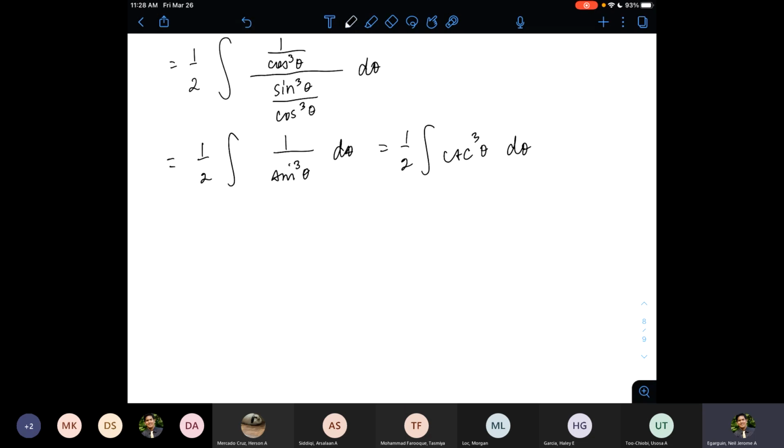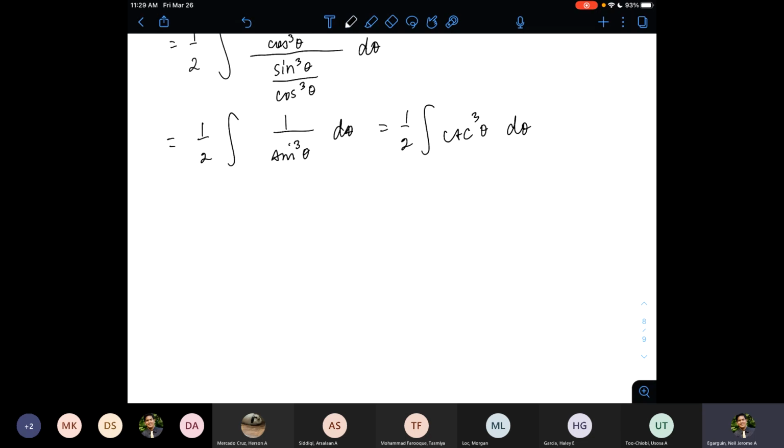Okay, now, were you given the formula for cosecant cubed or not? Because at this point, after this, I'm gonna use integration by parts. I see.